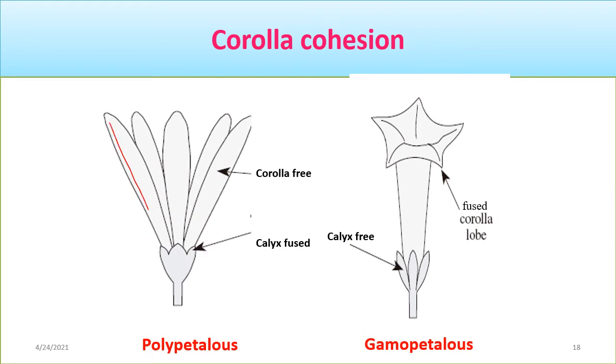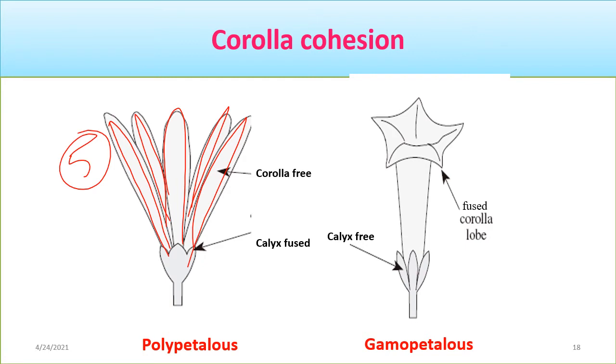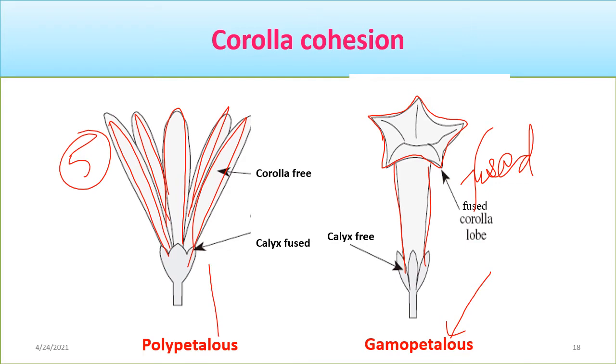This is a separate petal, this is separate, this is separate, this is separate, and this is separate. Five separate petals are there. But if you look at this, this is one, second, third, fourth, and fifth, but they have formed a tube. As they are fused, this is called gamopetalous, and the other is called polypetalous.